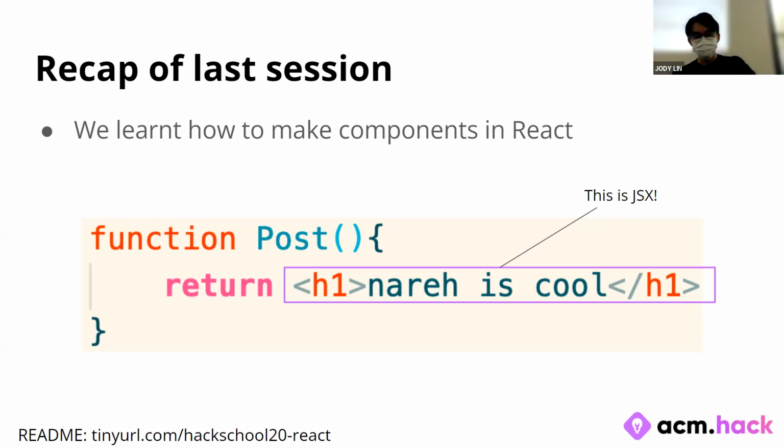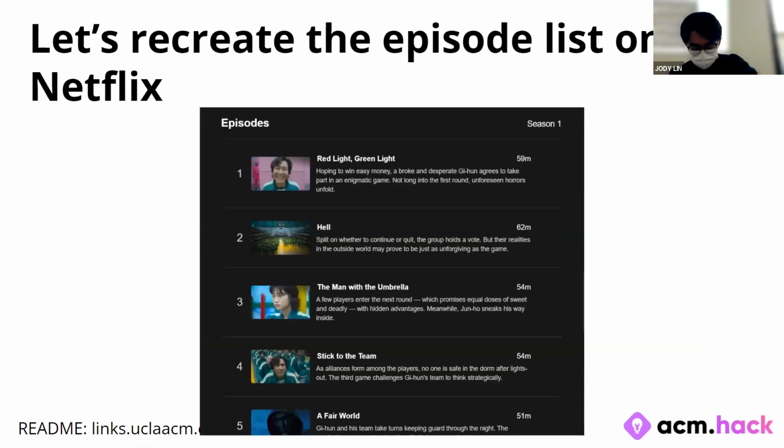So right now, we have defined this component here called Post, and remember that we can use it just like an HTML tag. As part of this recap, for this part of the workshop, we're going to be trying to recreate Netflix's episode list.